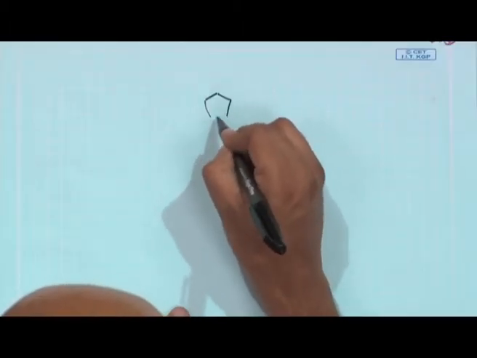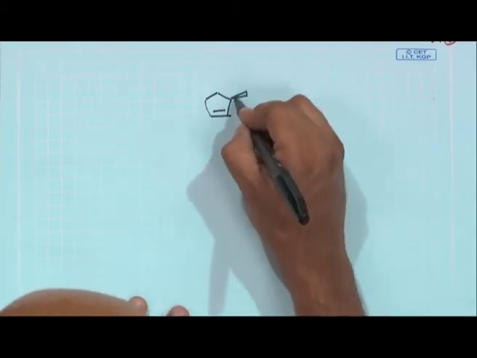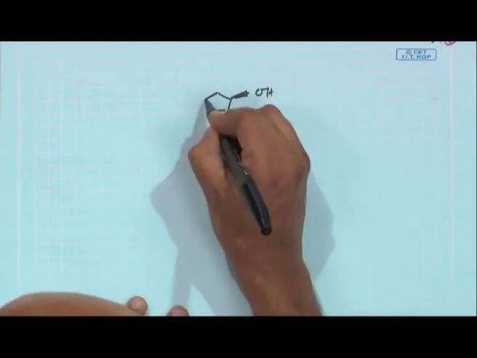Initially we will try to look at an example through a very simplified problem. We will take a symmetrical compound, because the concept is desymmetrization.